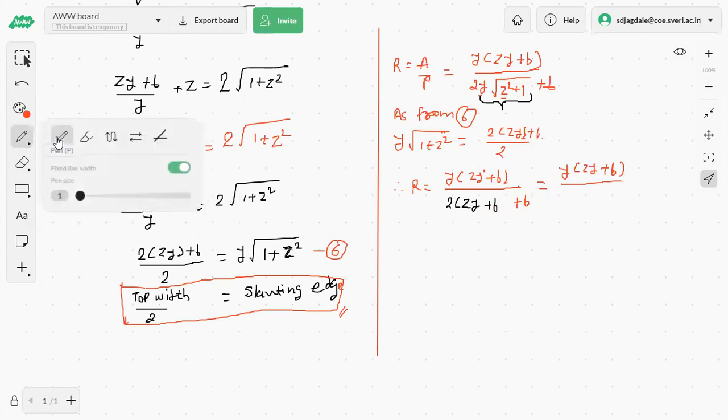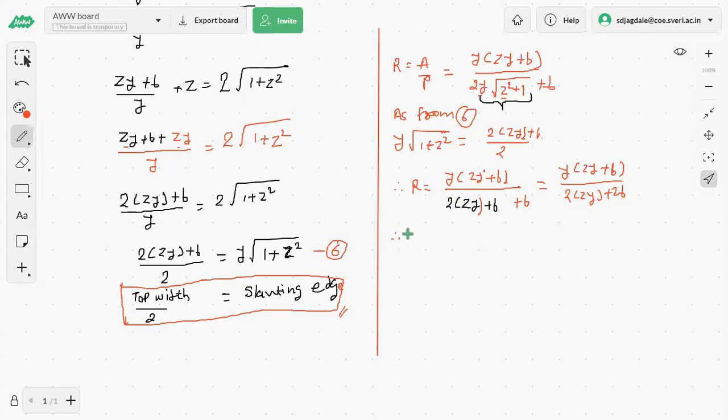Right. Now we'll have the 2 into zy plus b, which means it will be 2 into zy plus 2 times b. That is hydraulic radius r is equals to y into zy plus b divided by 2 times zy, 2 times b.